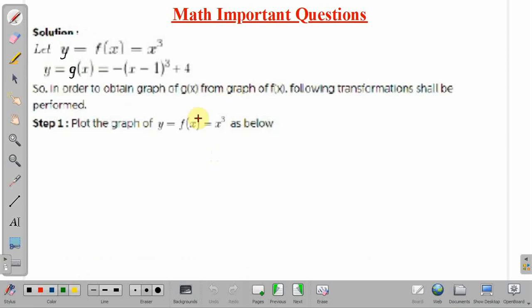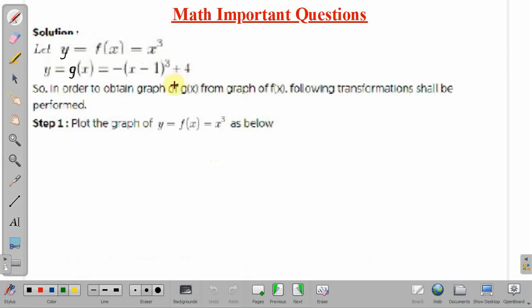Okay. So how can we solve? See, first, the original function is given as y equal to x cube. So we are assuming y equal to f(x) equal to x cube, and the function to be obtained, let it be g(x), is equal to minus of (x minus 1) whole to the power 3 plus 4.